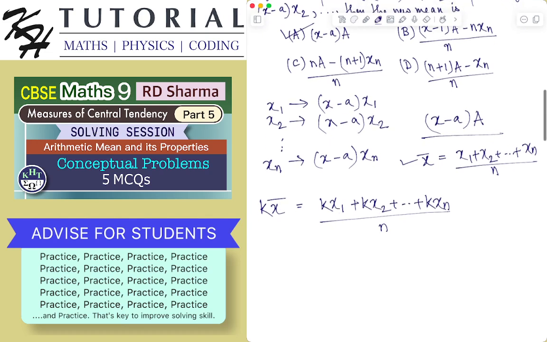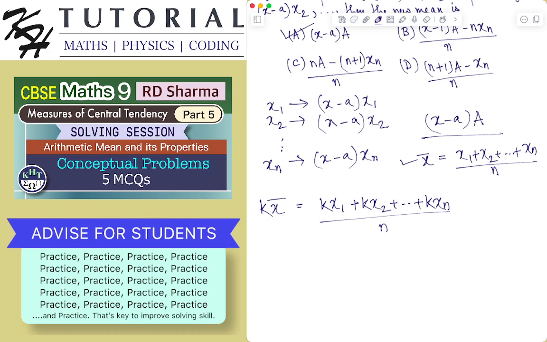Now again, you can see that we multiplied each observation by the constant k, and the new mean is also getting multiplied by the constant k.